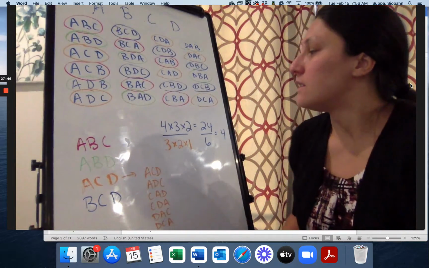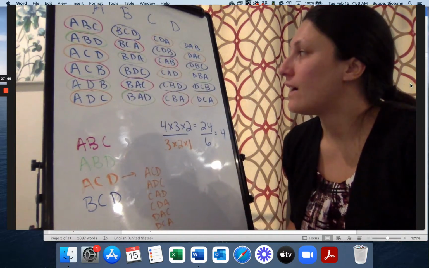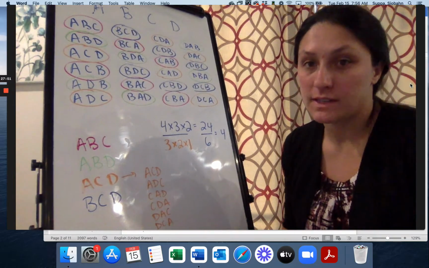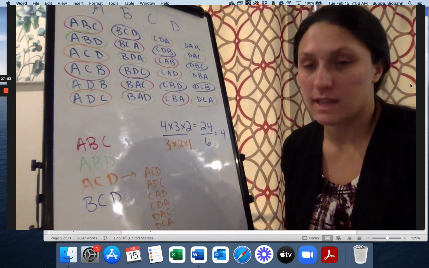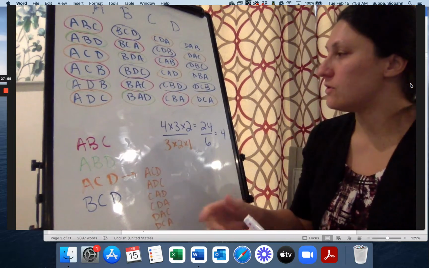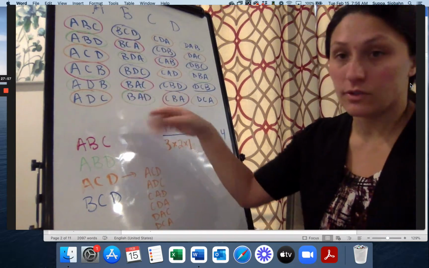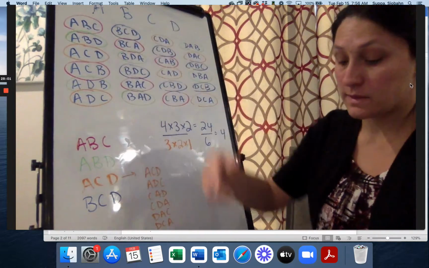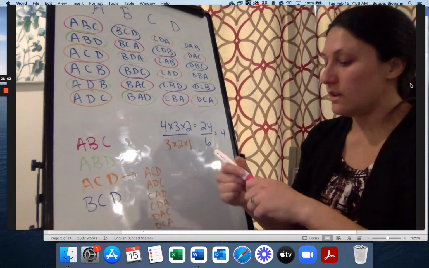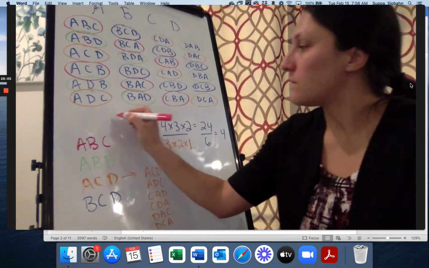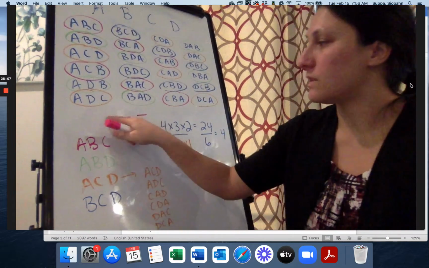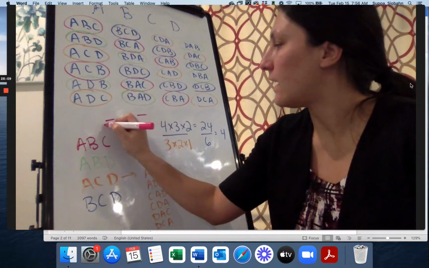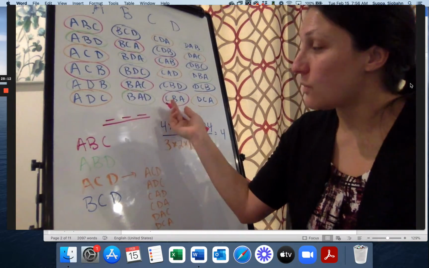So the general formula for how to find the number of combinations when you're choosing from the same set is you figure out how many things you're selecting. In this case, we were selecting 3 things, and we had 4 options. So you would have something multiplying on top 3 times, and then dividing by however many things you have up there.